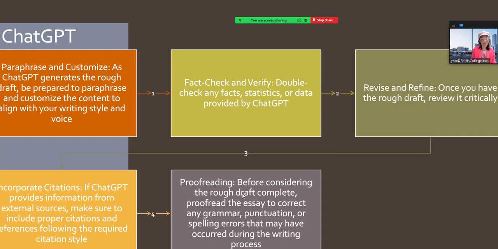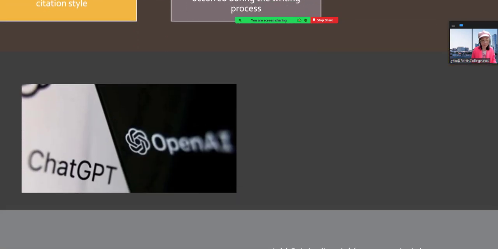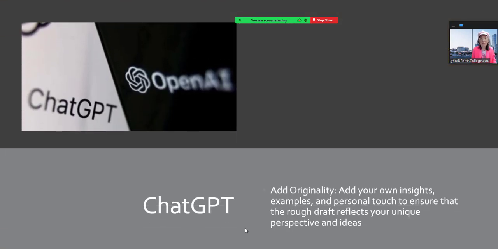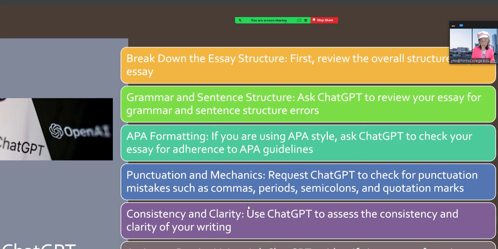Before considering the rough draft complete, proofread the essay to correct any punctuation, grammar, or spelling errors that may have occurred during the writing process. Add originality. Add your own examples, personal touch, to ensure that the rough draft reflects your unique perspective and ideas.